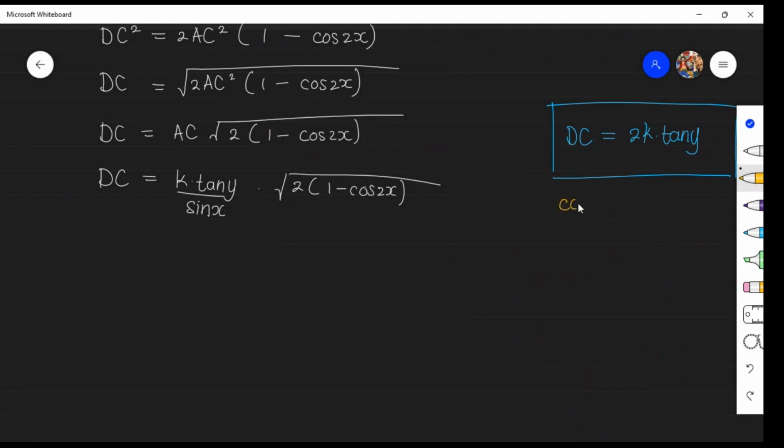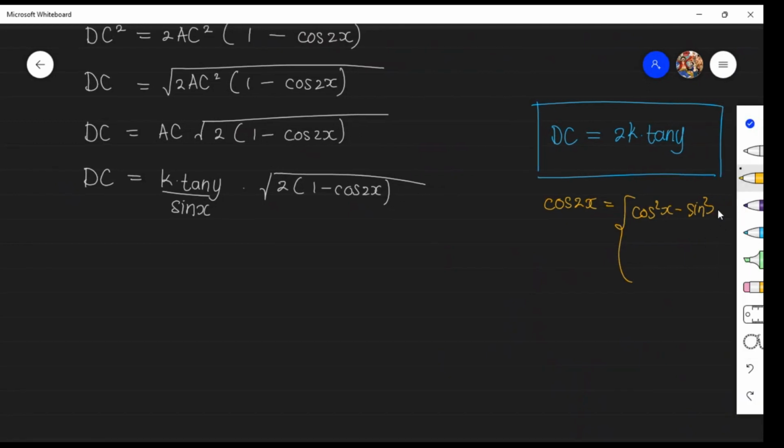We know that cos 2x is equal to cos squared x minus sine squared x. We know that it's also equal to 1 minus 2 sine squared x, and finally 2 cos squared x minus 1. So which one are we going to use?